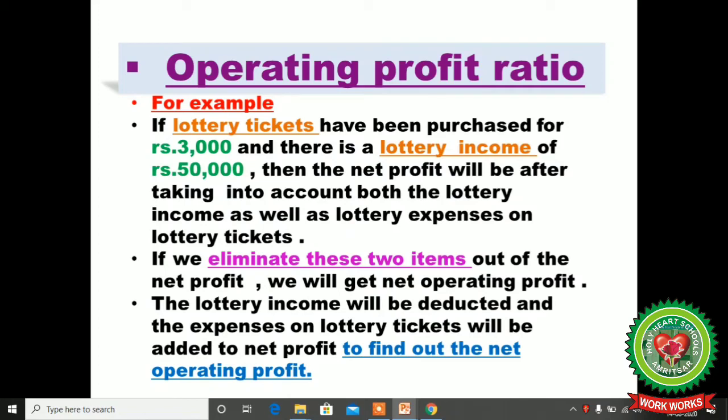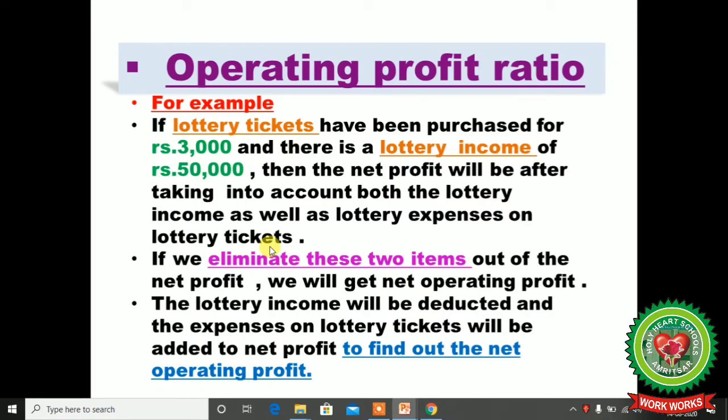Now the next ratio, operating profit ratio. In operating profit ratio, take one example, lottery tickets. Your expense on lottery is 3,000 and lottery income is 50,000. Then the net profit is after taking into account both the lottery income as well as the lottery expenses.